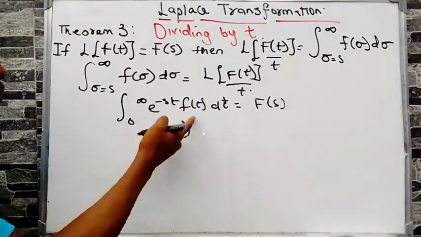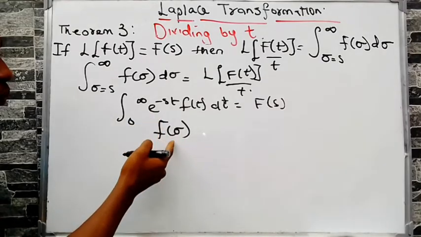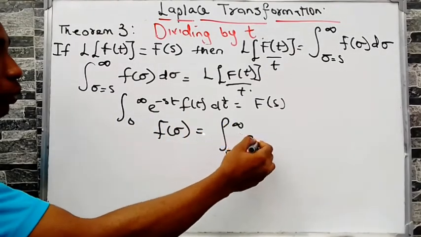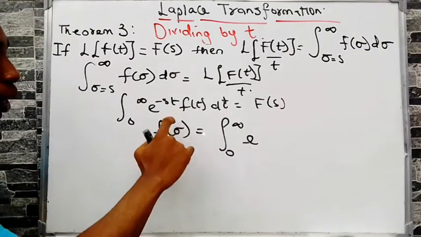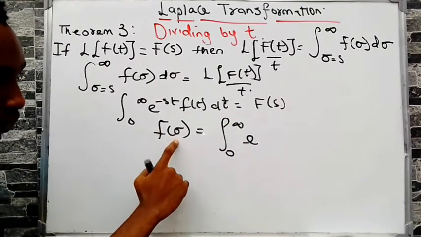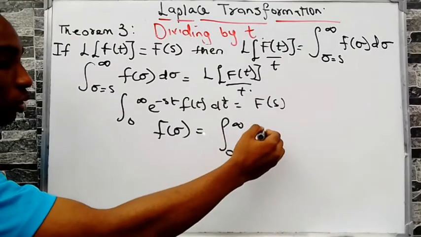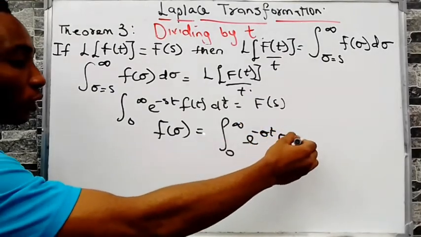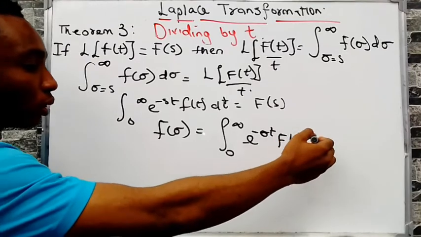Let me express this to be equal to this also. This will give me the integral from 0 to infinity of exponential, now instead of writing s here, I'll represent it as this variable, so minus this variable t, of a function of t dt.